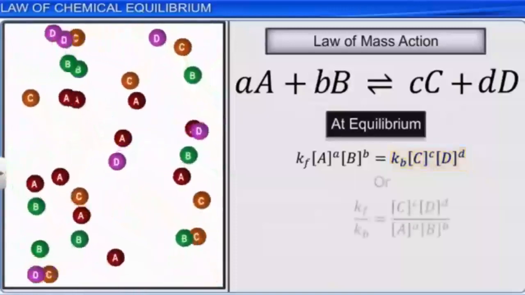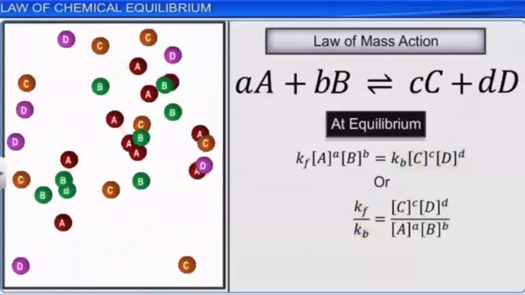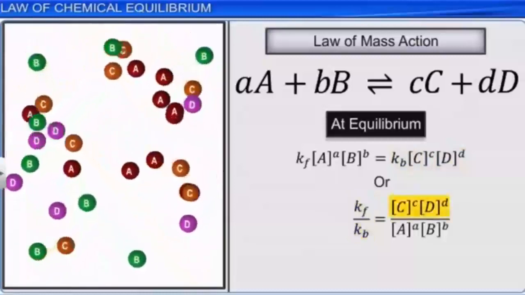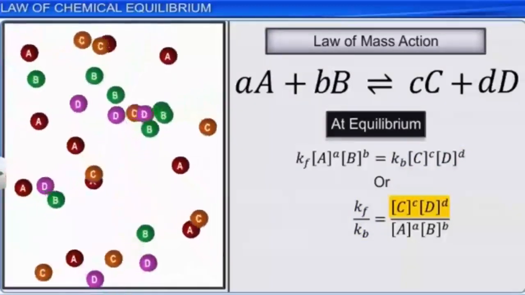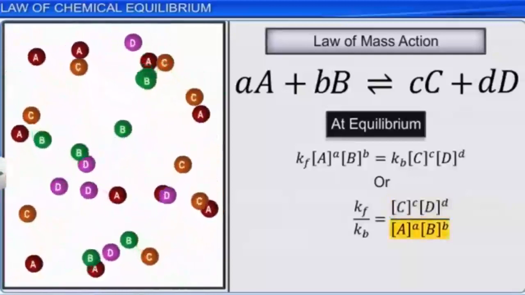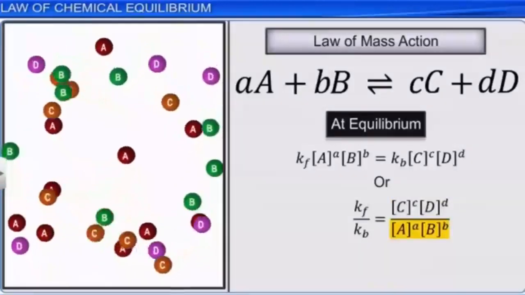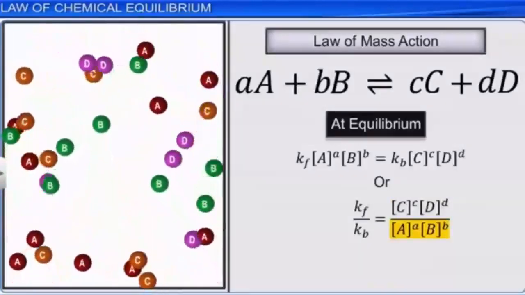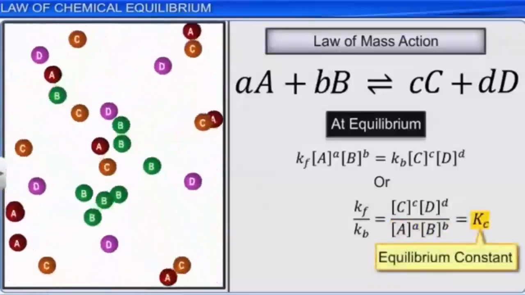This can be written as Kf divided by Kb is equal to the product of the concentrations of the products C raised to the power of c and D raised to the power of d divided by the product of the concentrations of the reactants A raised to the power of a and B raised to the power of b. This is equal to equilibrium constant Kc.